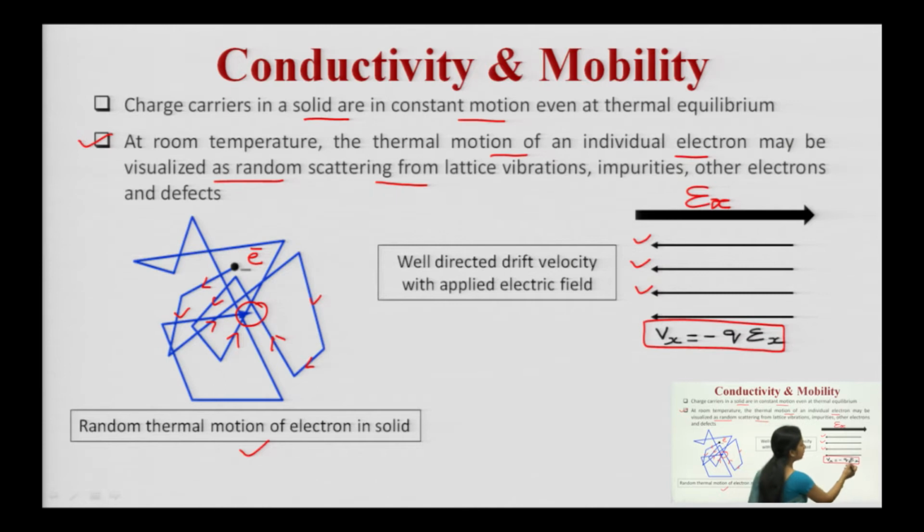So, q into Ex, since we are talking about electrons and the charge on the electron is minus q. So, this term is minus q into Ex. This is how you can represent its motion under the condition of applied electric field.